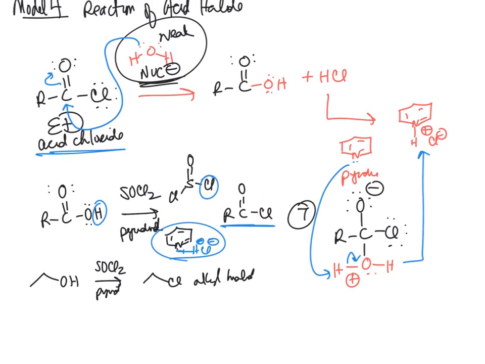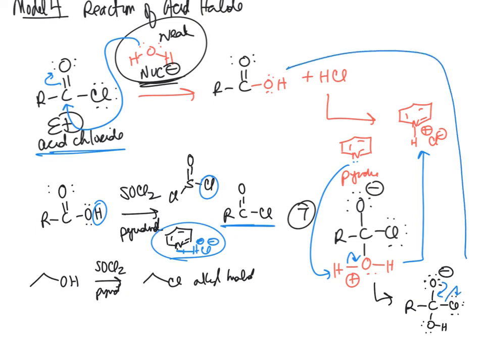I would redraw this. And then I would show that these electrons come here and that leaves to give that carboxylic acid. HCl is formed in this reaction.